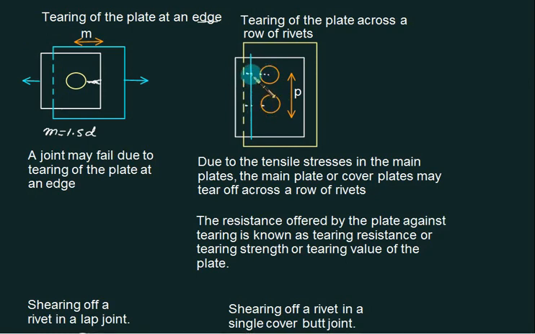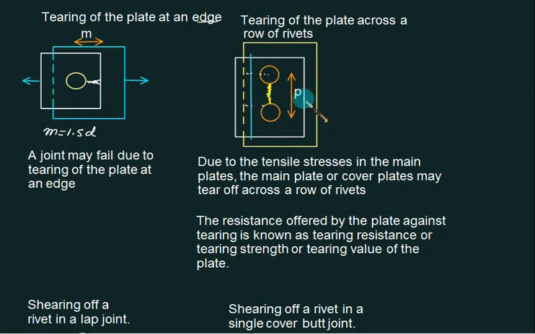This has total width equal to P. But if you consider here, this width is P minus D by 2. So is this plane the weakest plane? It means you must sufficiently maintain this width. If you do not maintain that width, the tearing will occur somewhere here. So tearing chances are always there along this way.